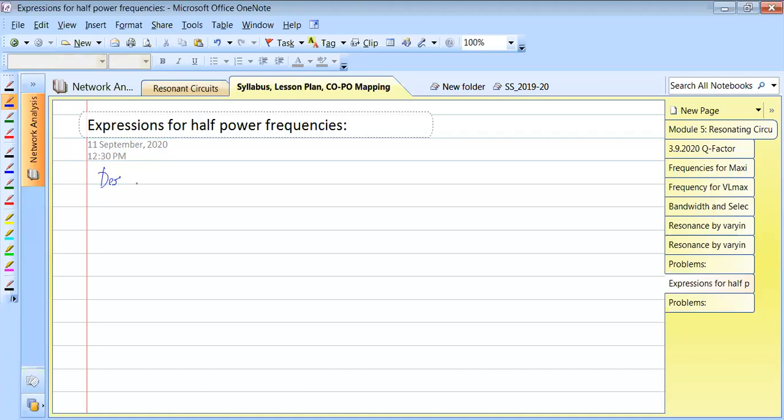Derive the equations for half power frequencies, or they are also called minus 3 dB frequencies.